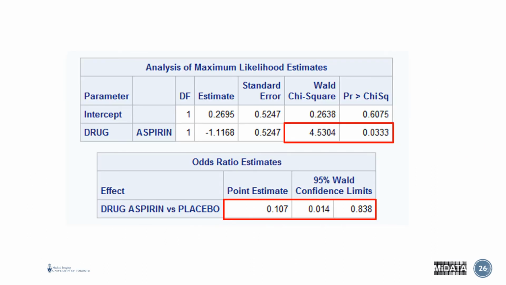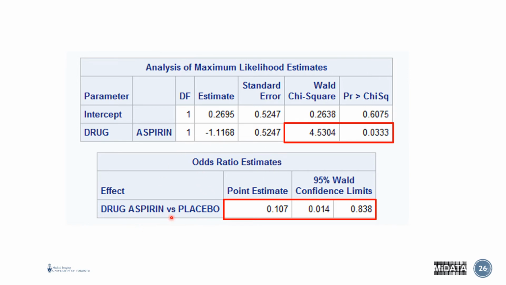Okay, so let's continue looking at the PROC LOGISTIC output. What it also gives you is the analysis of maximum likelihood estimates. So essentially what it's giving you is the parameter estimates to your model. As you know, you only have one independent variable in your model, which is drug. In this case, the reference is aspirin, which is drug, right? So that's versus placebo. You can see here it uses by default the Wald chi-square, which was shown in the previous slide for the output. And it also gives you your odds ratio estimate.